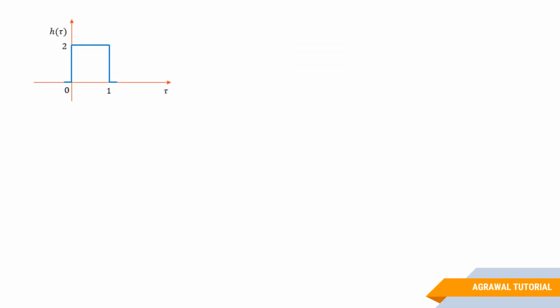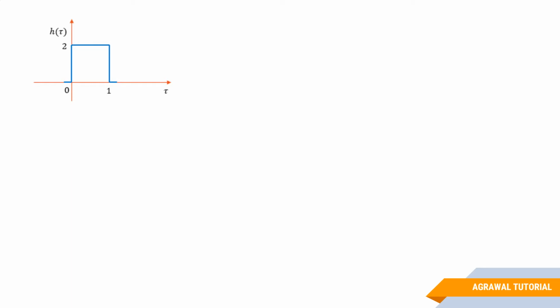Okay, so our second step is we have to find the h of t minus tau signal. Let us see how we can find this. First of all, we will multiply tau by minus 1, so we get h of minus tau.